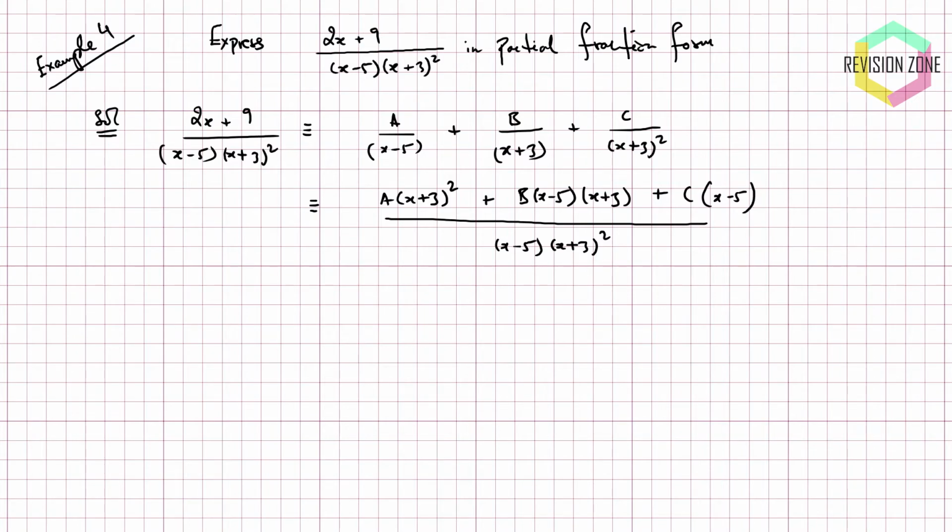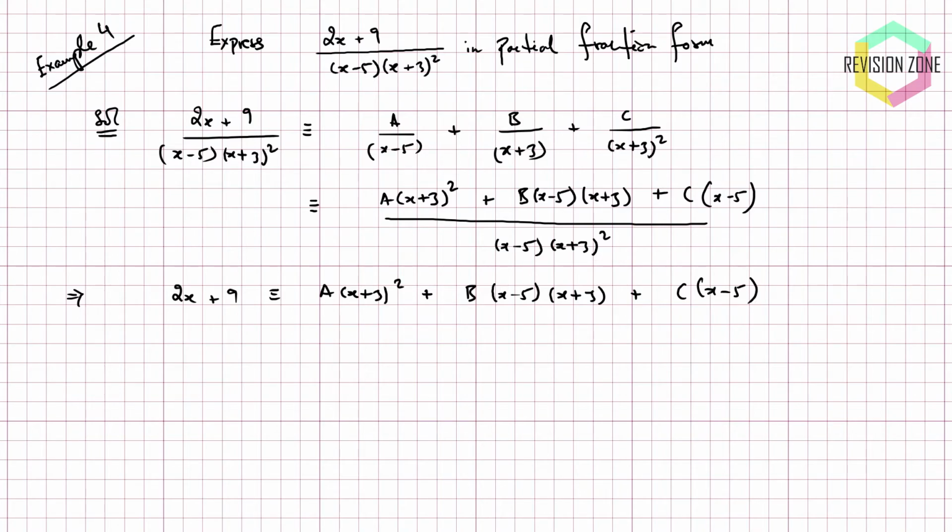So once I've got it in that form, I'm not going to expand and collect terms. I'm just going to say this tells me that 2x plus 9 has to be equivalent to everything in the numerator. So the two numerators are equivalent. So I'm going to get a times x plus 3 squared plus b times x minus 5 times x plus 3 plus c times x minus 5.